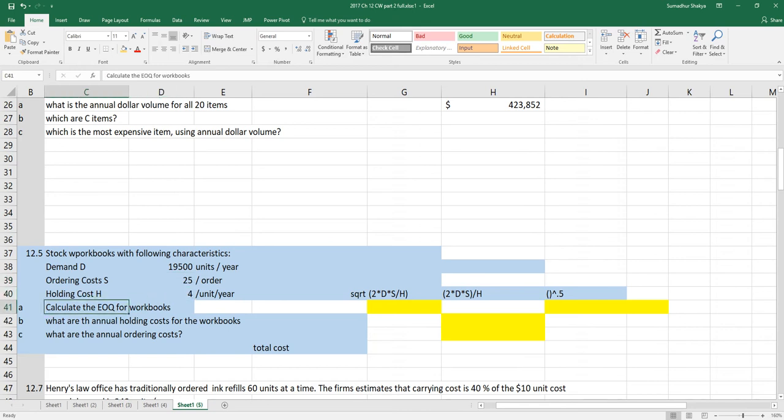Now if we want to calculate the optimal quantity of workbooks to be ordered such that our ordering cost and holding costs are minimized, then the first thing we want to calculate is, the formula we know, the square root of 2 times D times S divided by H. Now a lot of times people make a mistake in the order of multiplication and division.